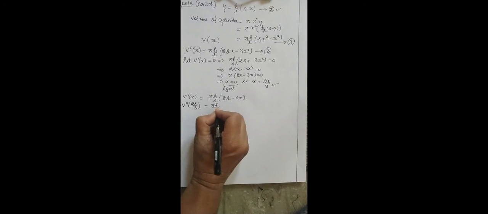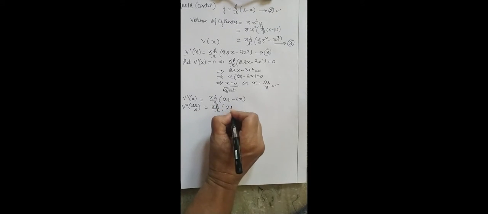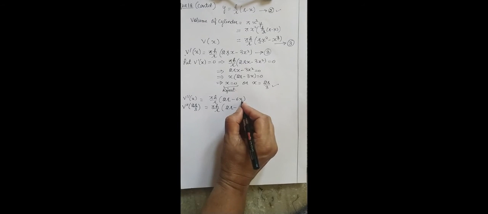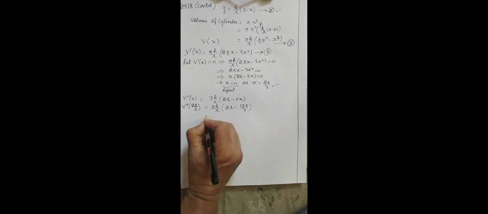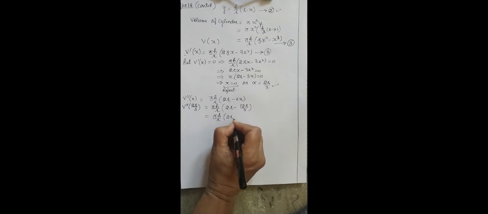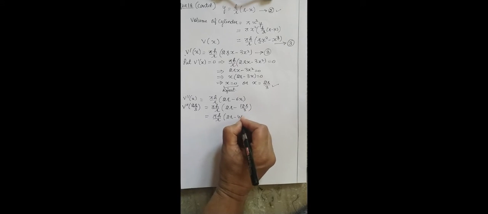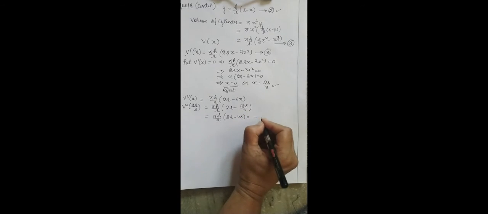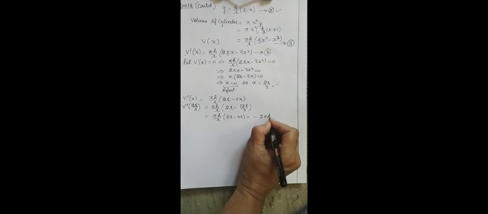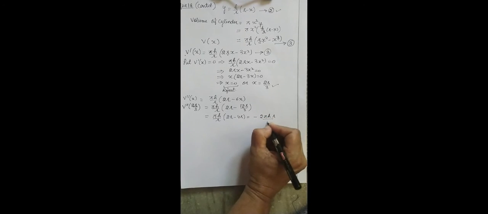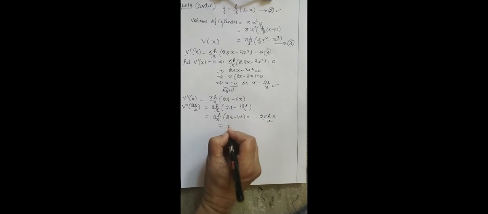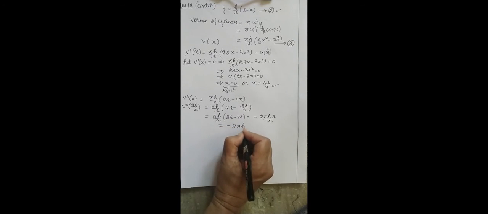So it is pi h upon r into 2r minus 6 times x, substituting the value of x here, which is 2r by 3. So this becomes 12r by 3, which is pi h upon r into 2r minus 4r, which is minus 2 pi h r upon r, and which is finally minus 2 pi h.